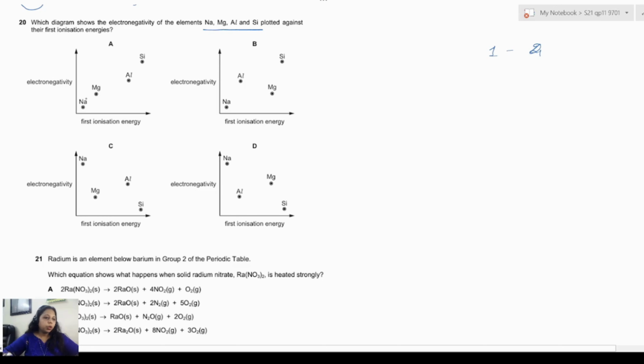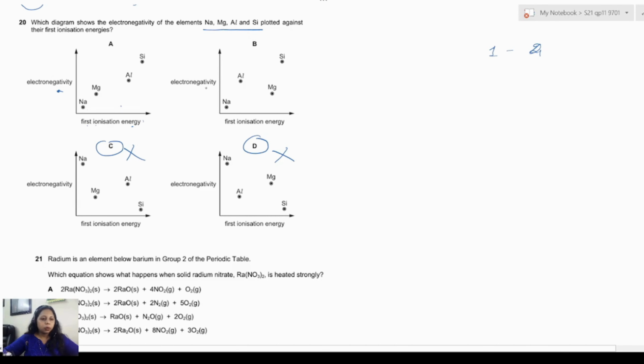We have sodium, so C is incorrect because the electronegativity is going to increase. This is not correct. Now we have the ionization energy as well as electronegativity. Let's see which is correct, A or B. Electronegativity is going to increase as the first ionization energy is, okay, this seems to be incorrect.